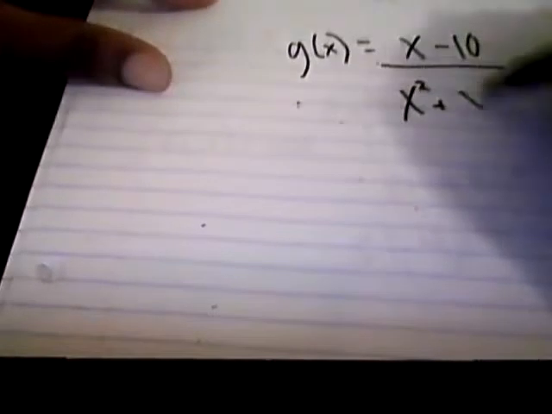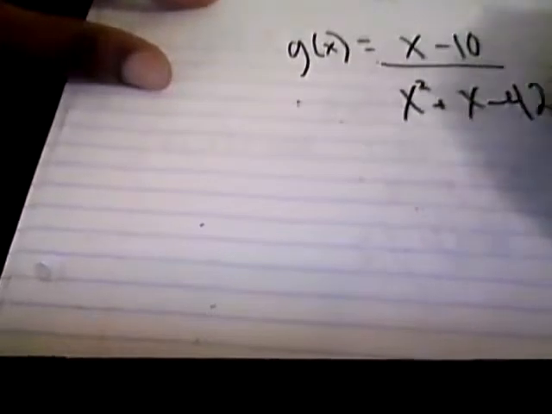So, for number 7, we are asked to also find where the function is continuous. So here we go. We have g of x equals x minus 10 over x squared plus x minus 42.